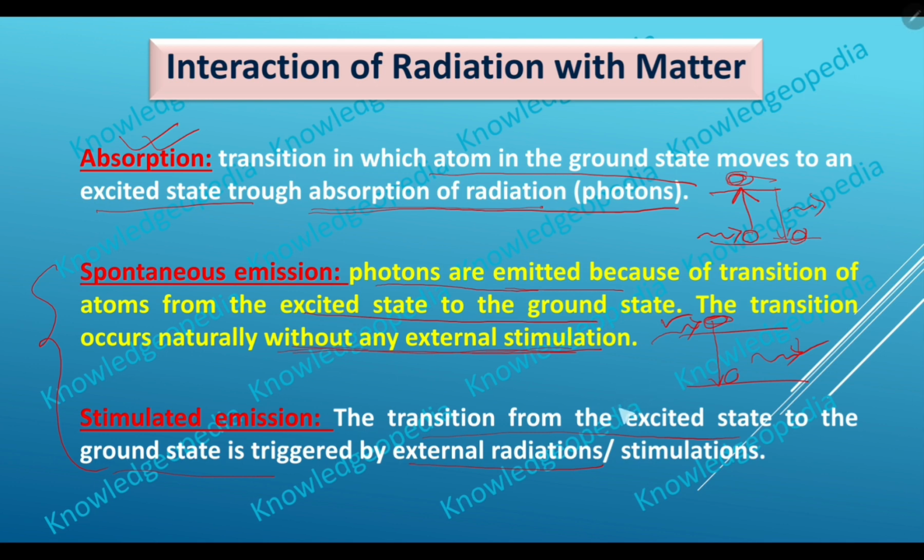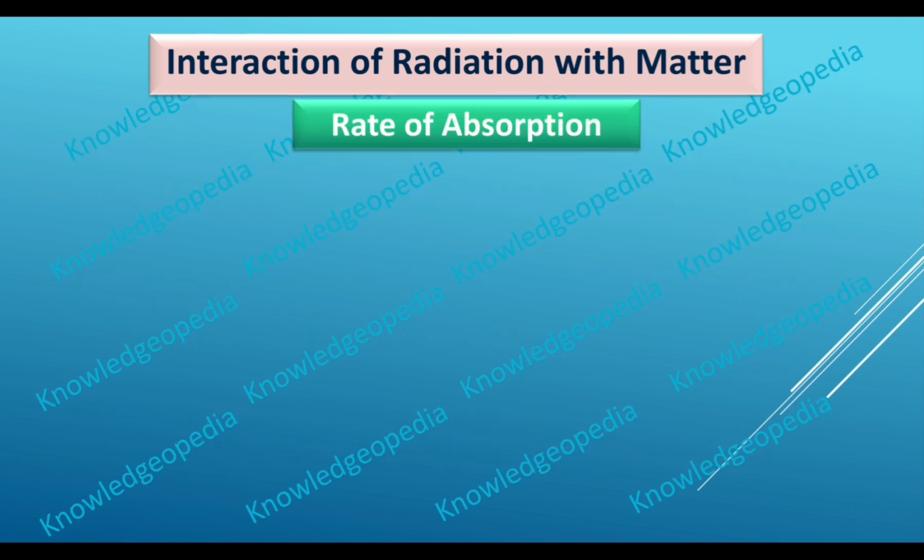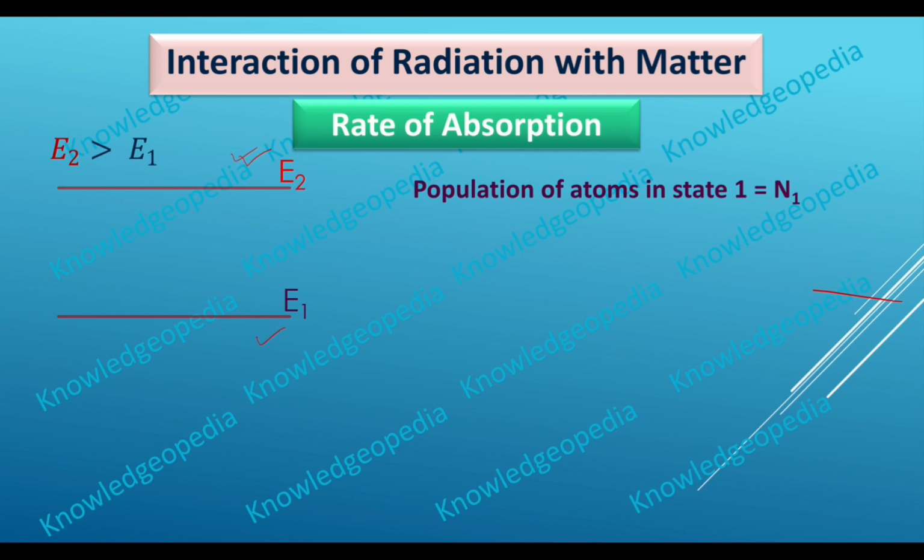Today we will do some quantitative analysis on these three processes. First, let us understand what is rate of absorption. So this is the ground state E1 and this is the excited state with energy E2, and we all know that E2 is greater than E1. Today I will be introducing one more quantity, that is population. So the population of atoms in state 1, that is in the ground state, let us consider as N1.